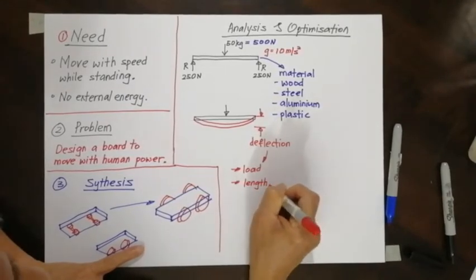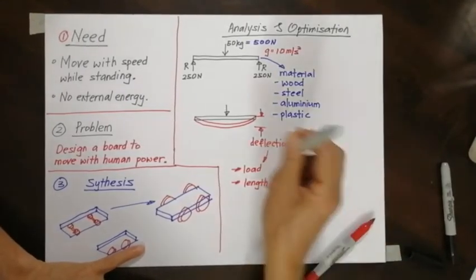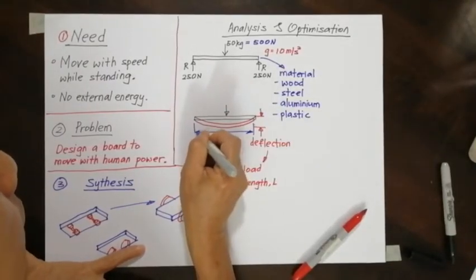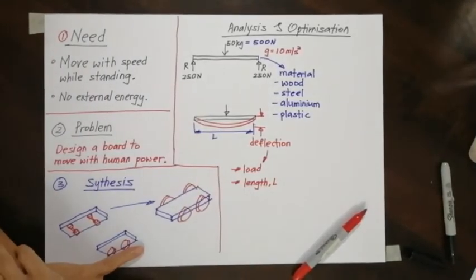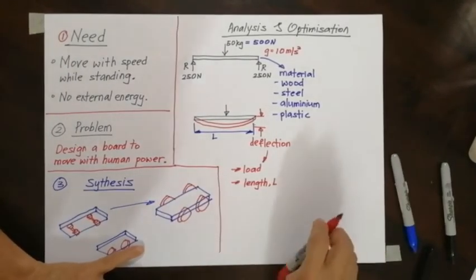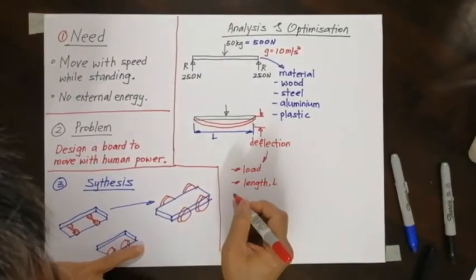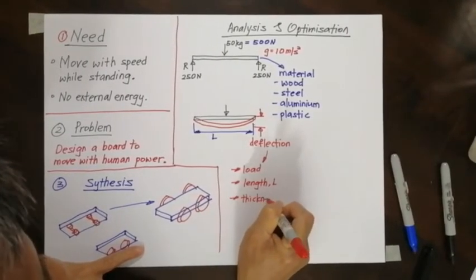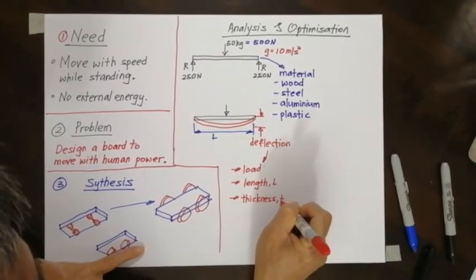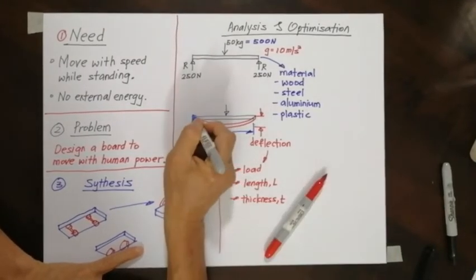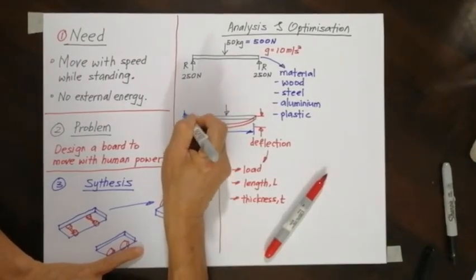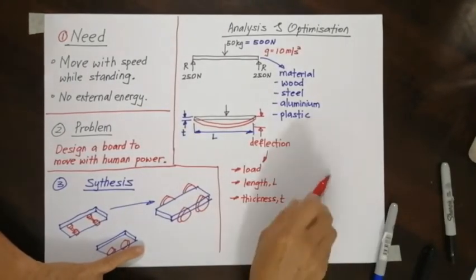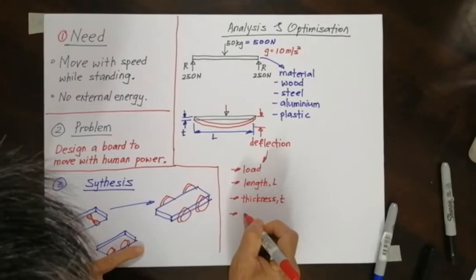Now, what do you mean by the length? Length means from here to here. That's the length. Then we might say, if the length is an effect, what about the thickness? Thickness will be here. Thickness will play a part. On top of that, we say, what about the width of the board?